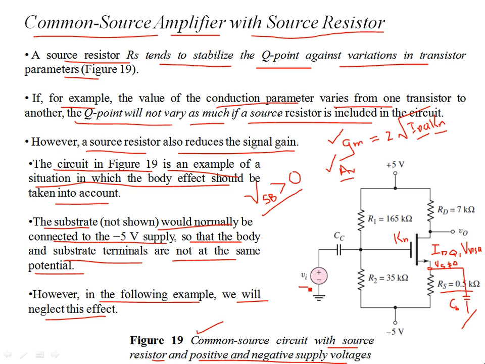As far as the body effect is concerned, we are going to neglect that, and we are going to assume that VSB is 0, so there's no current source due to the AC component of the bulk to source potential difference.